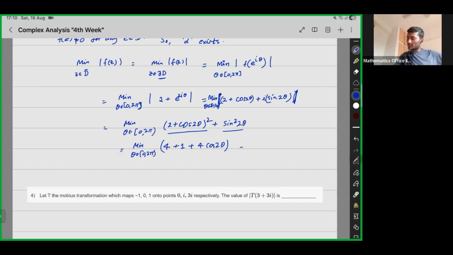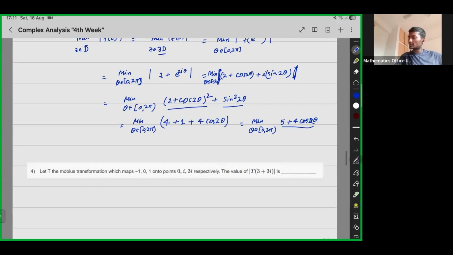Now what is it giving us? 5, sorry, the minimum over theta belonging to 0 to 2 pi of 5 plus 4 cos 2 theta. Now you see this directly. When everything is positive, only cos 2 theta is changing. When is it minimum?